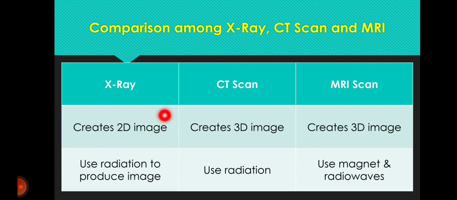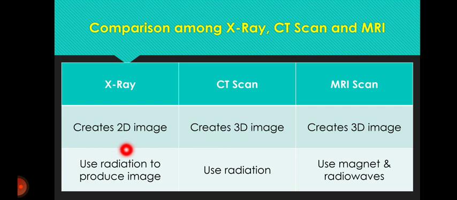If you see the image created by X-ray, it is generally a two-dimensional image, but CT scan produces a three-dimensional image, and MRI scan also produces a three-dimensional image.